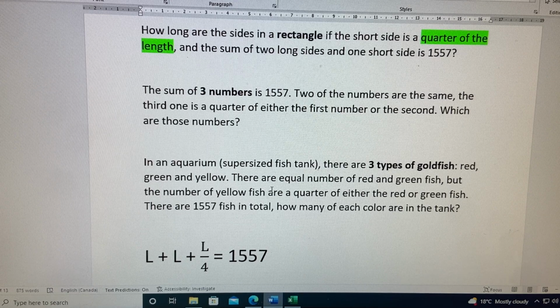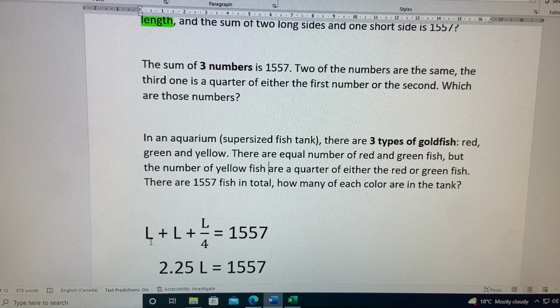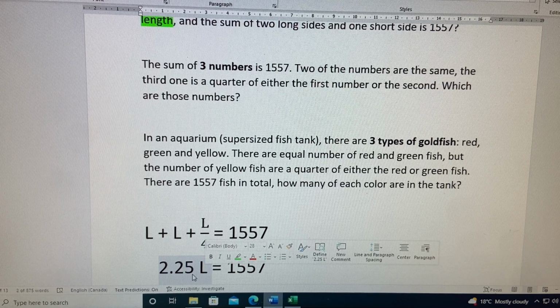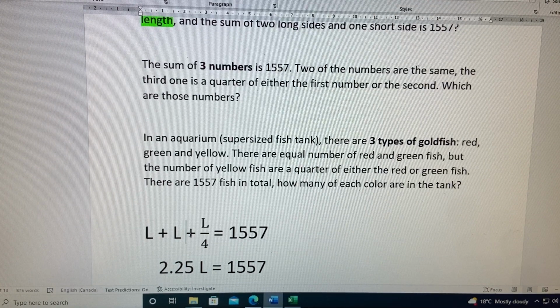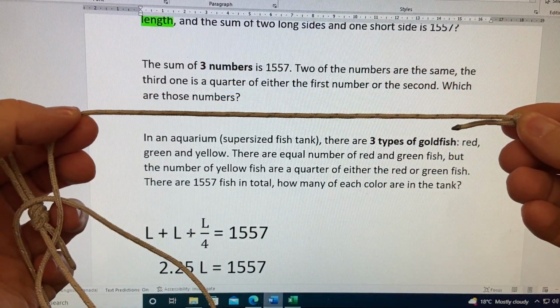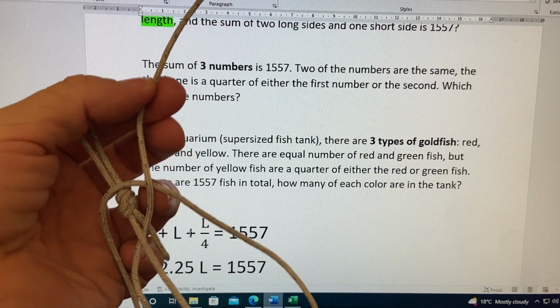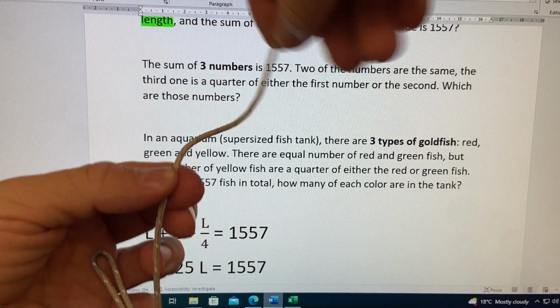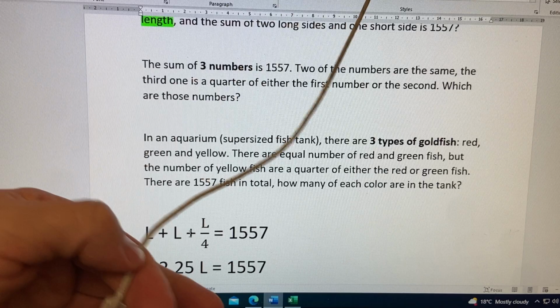We combine like terms, and length plus a quarter of the length is 2 1/4 length. 2 1/4 can be written as a fraction or a decimal. I just went with decimal. Why not? We can combine like terms because we have the length of a string plus the width of the rectangle plus the rest of the length here.